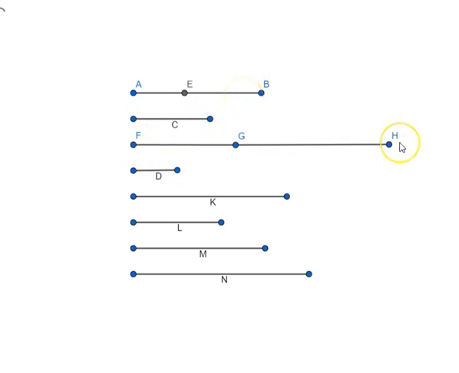So that means FH is the same multiple of AB. FH and K are equimultiples of AB and C. Because remember, K we took it as an equimultiple with GH of AE and EB, and EB is equal to C.